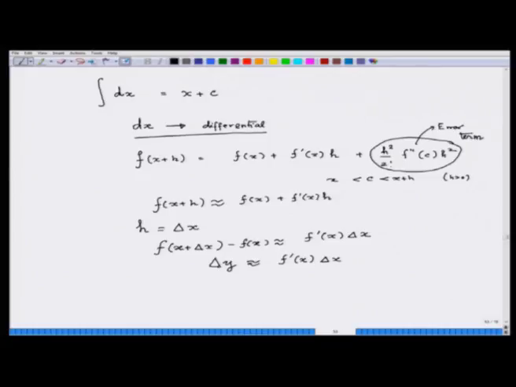So change in the dependent variable is the derivative into the change in the independent variable.